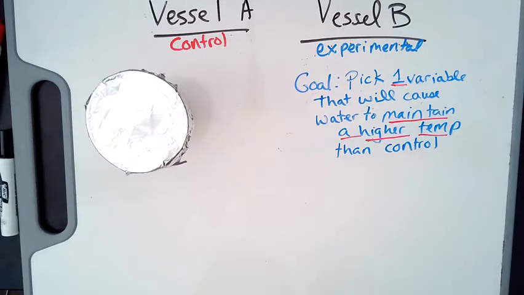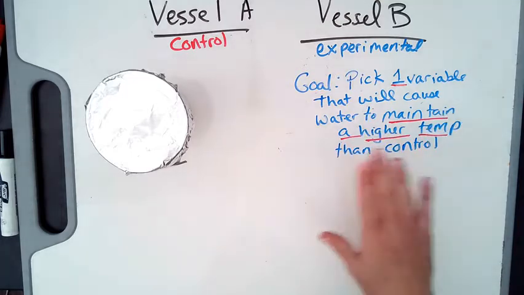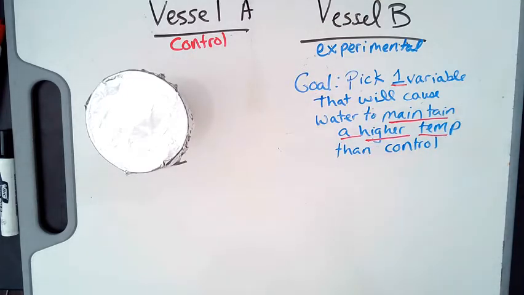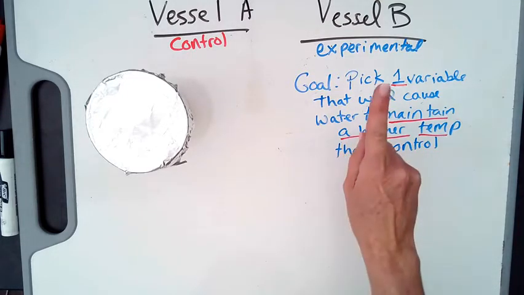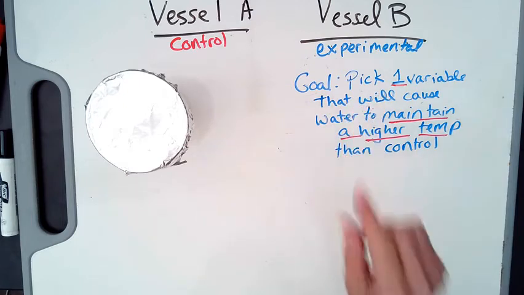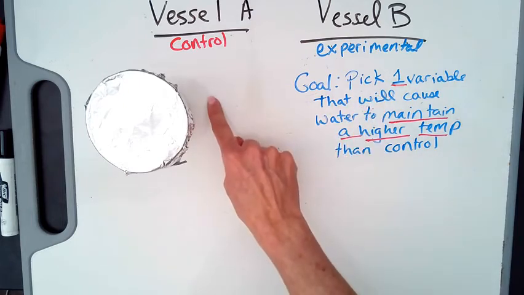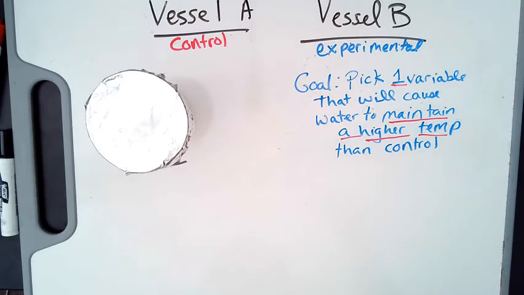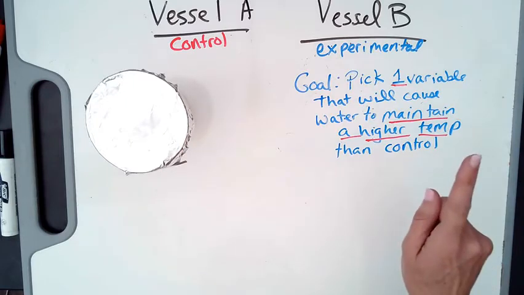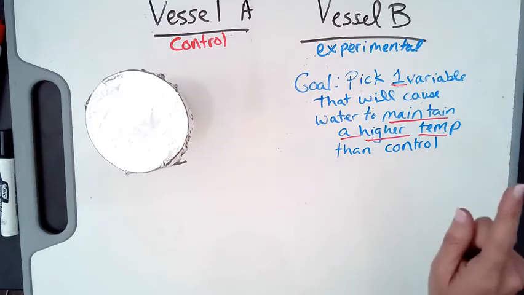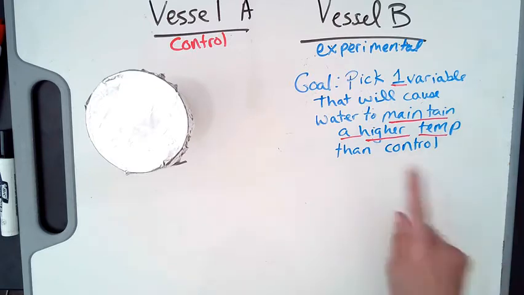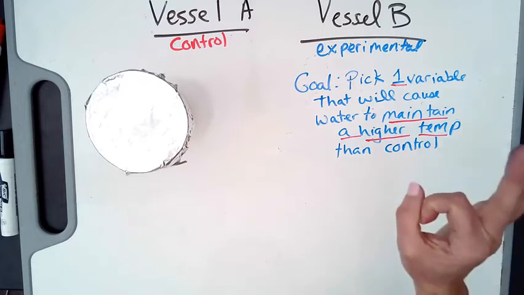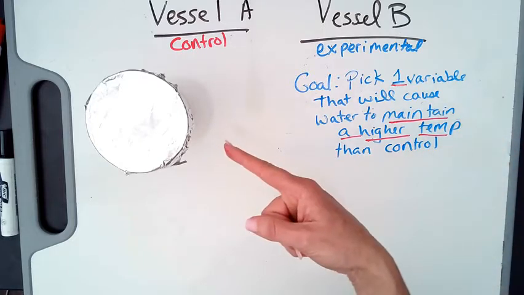The key to a successful experimental design is to pick only one variable that's different from the control. And that one variable, that one change, causes the water in vessel B to maintain a higher temperature than the control.